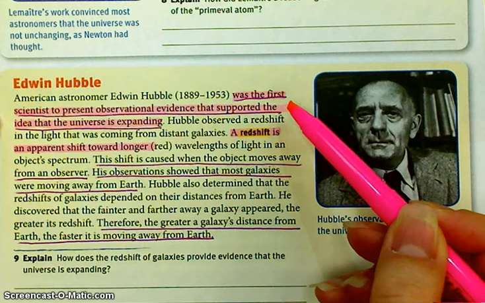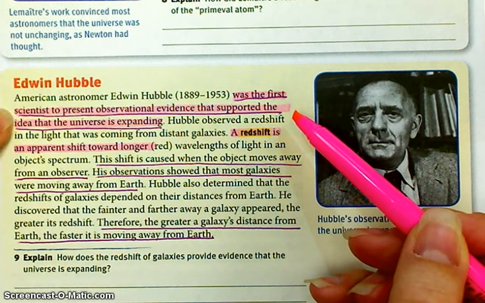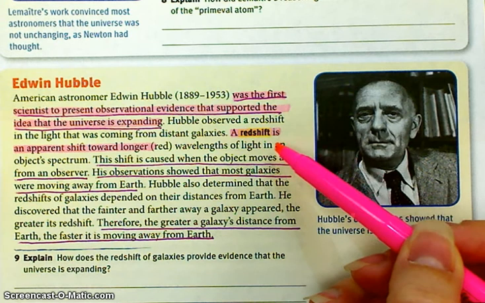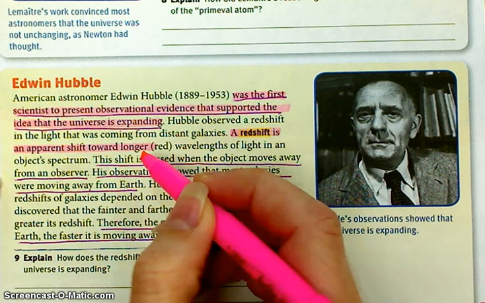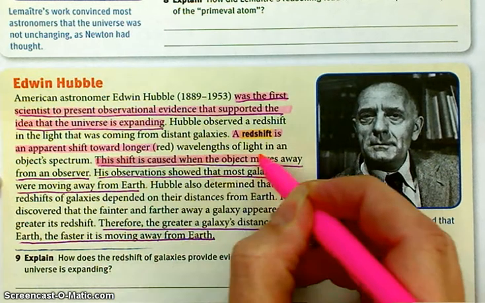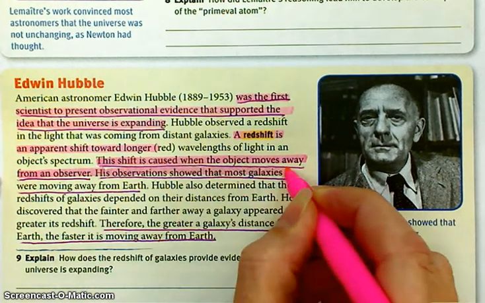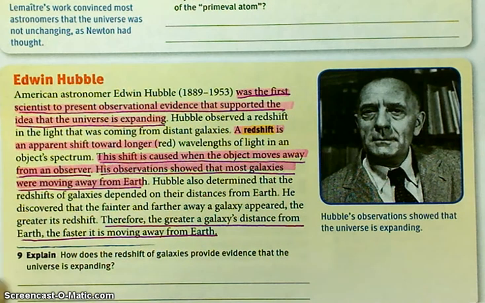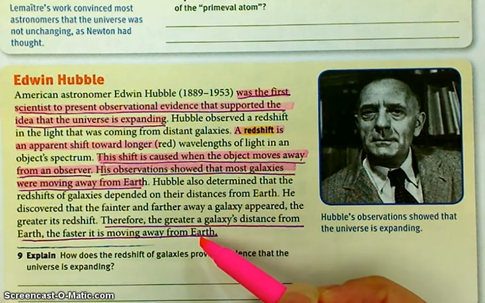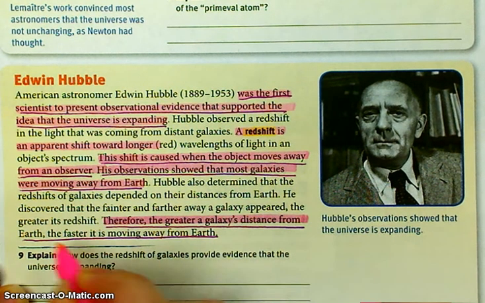Okay, so Edwin Hubble was the first scientist to present observational evidence, okay? Because what he's doing is he's looking at the redshift of those galaxies, and he's noticing that most galaxies were moving away from the Earth. And he noticed that galaxies that are really far away from us are also moving really fast away from us.